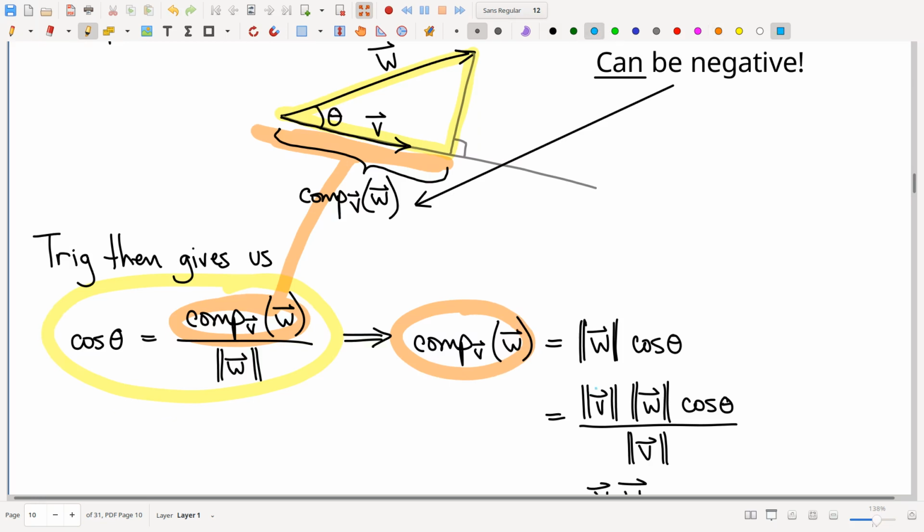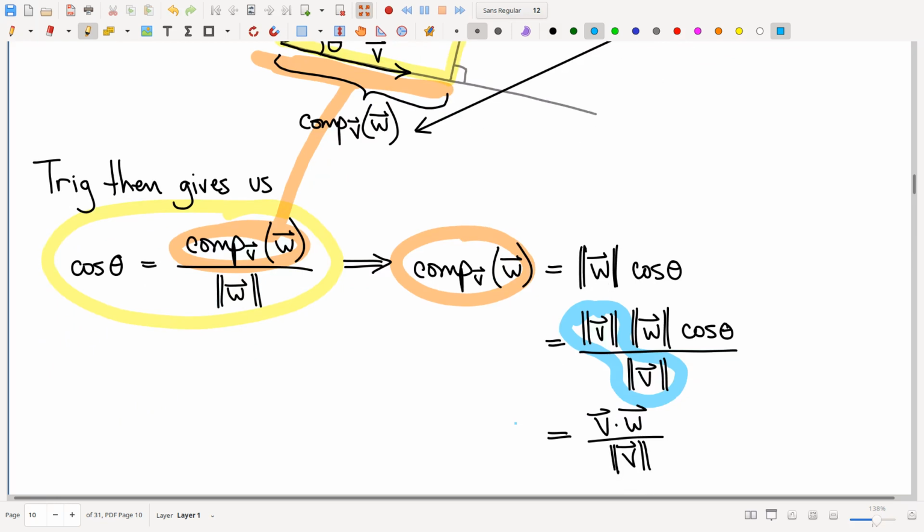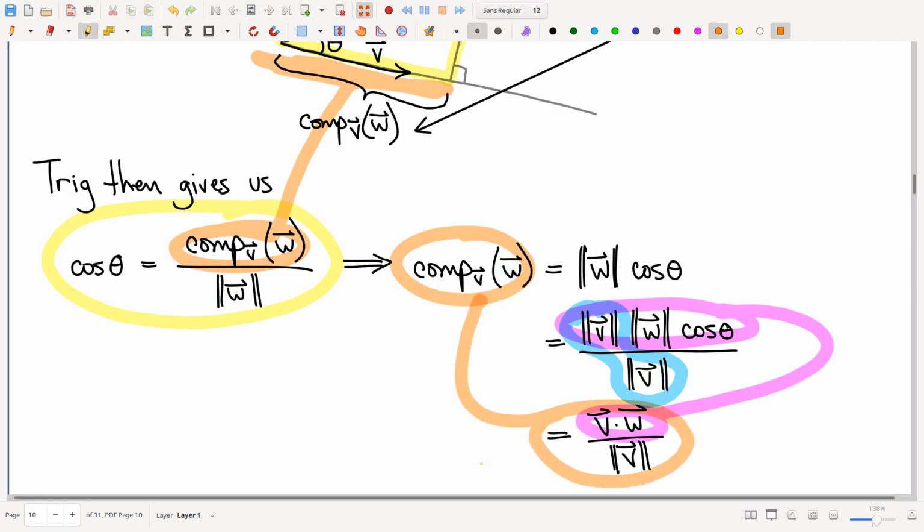I'm going to take this formula and multiply and divide by the same thing, which is perfectly legal, seemingly pointless, but perfectly legal. The whole reason that I do that little move is because it allows me to recognize the numerator as being the dot product. Again, flashback to old formulas about dot products. And thus, I get a nice and convenient little formula for how to compute components.